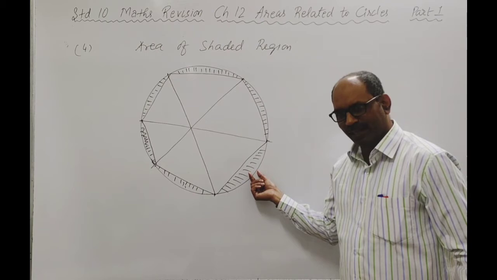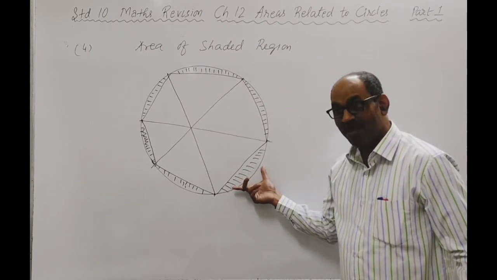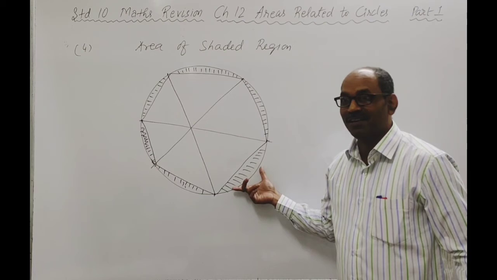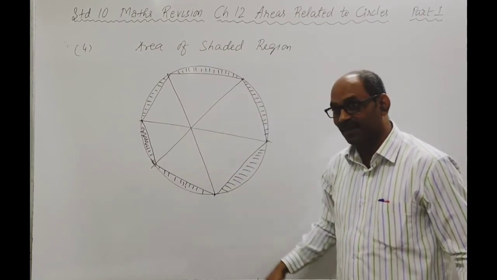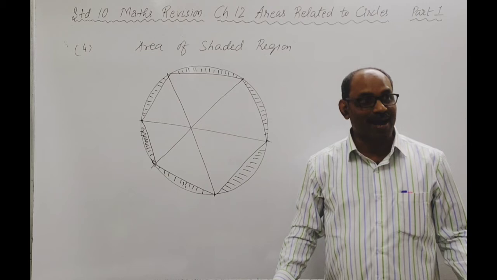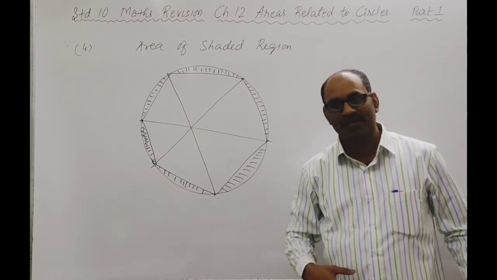If you think of only this shaded part, what is that? Minor segment of circle. How many minor segments are there? 6. So you can say required area, area of shaded region is 6 times the area of segment.